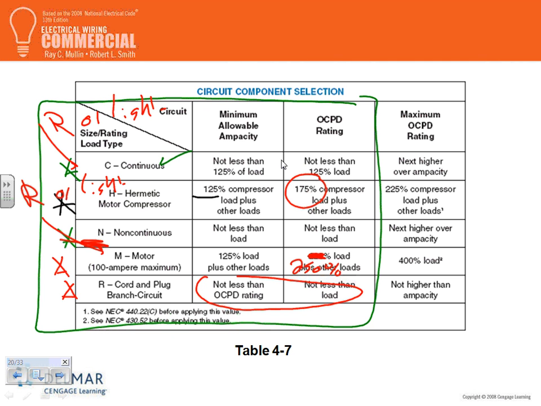Any question, guys, about continuous, non-continuous, motor or hermetic motor, which is the chillers? Any question about this? Yes, sir. It seems like in commercial, you'll see a lot more big machines with a cord and plug on them.